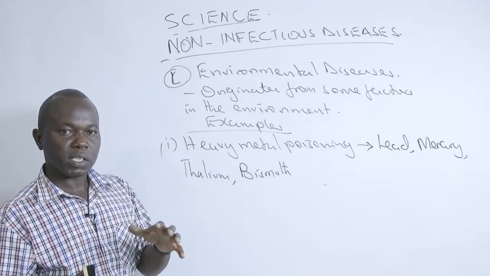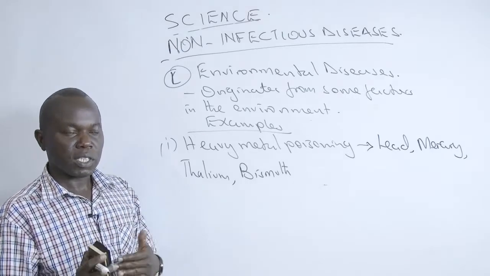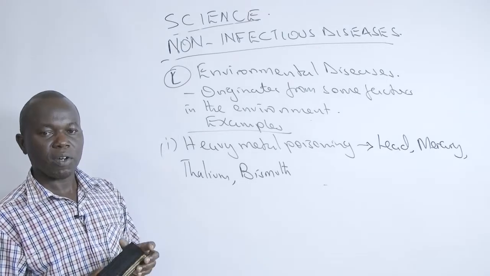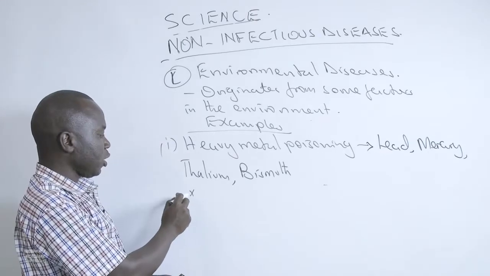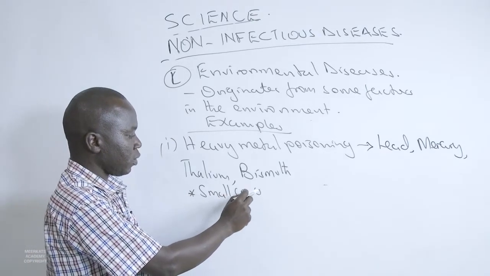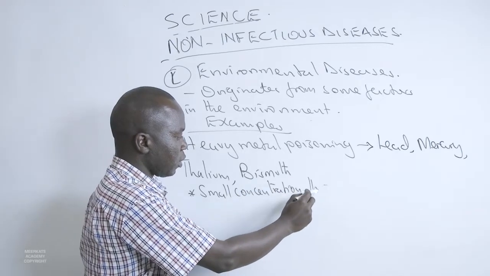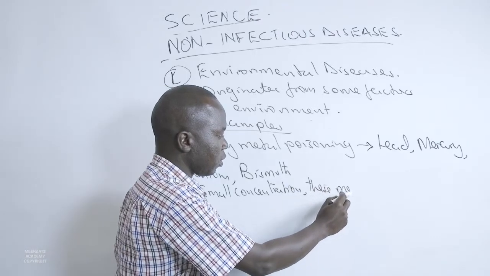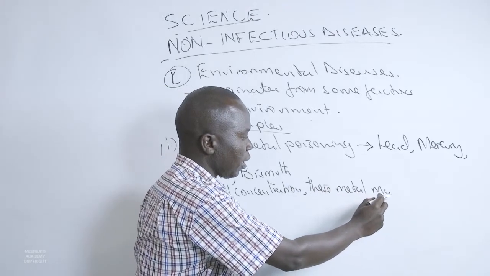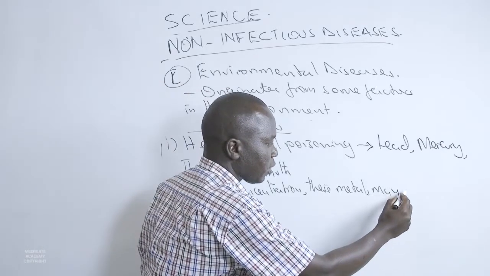So what happens if these heavy metals are exposed to the environment for a longer time, even if they are in small quantities, they usually accumulate along the food chain. We call that process bioaccumulation. So in small concentration, these metals may accumulate along the food chain.